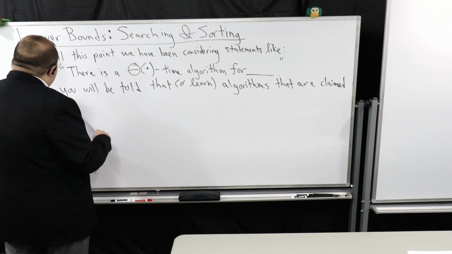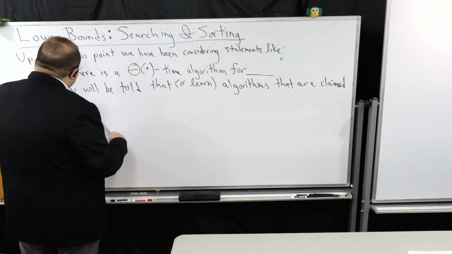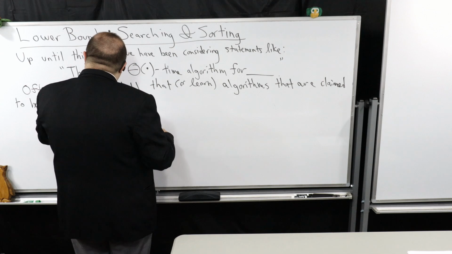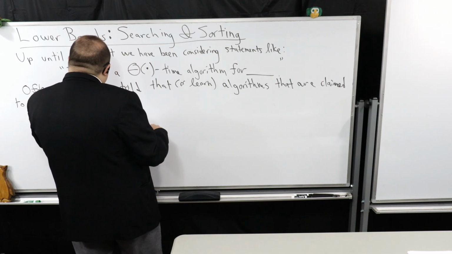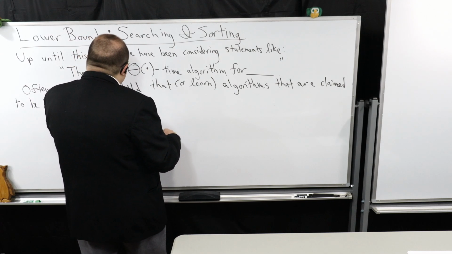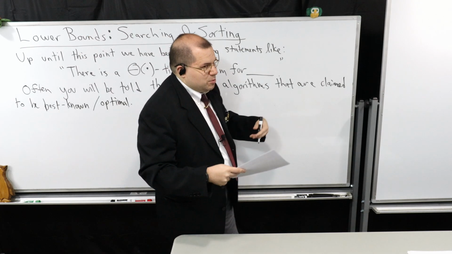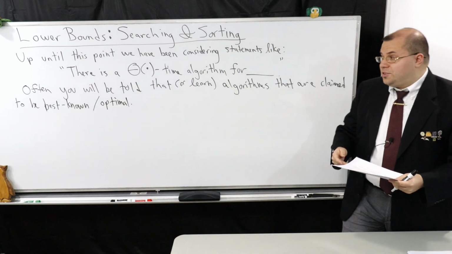I'll say best known, I think best known is a bit more neutral. Or sometimes in some cases it might even be optimal, as in it's the best possible in terms of its efficiency, in terms of complexity.